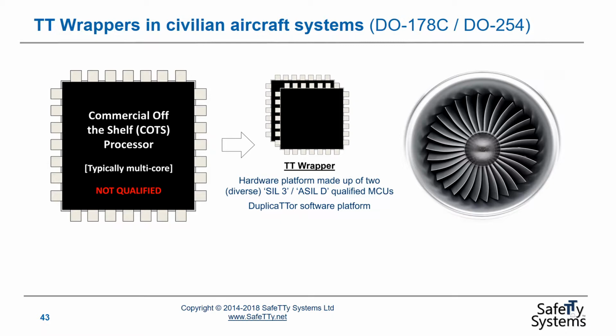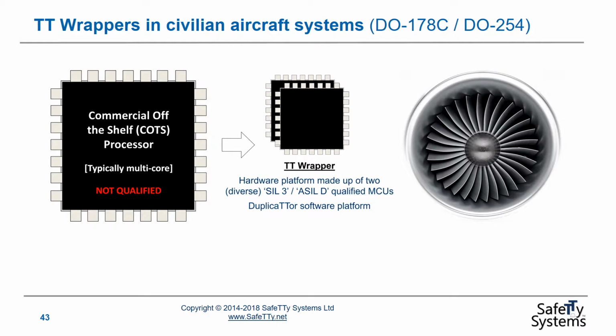Then the market, if we compare the number of processors that are required, for example, in civilian aircraft with the number of processors that are sold for use in automotive applications, the automotive applications are 1,000 or 1,000,000 times as many probably every year as the number of processors that are required in aircraft systems, because comparatively small numbers of aircraft systems are produced. So we now have off-the-shelf processors rather than custom aerospace processors used in many civilian aircraft.